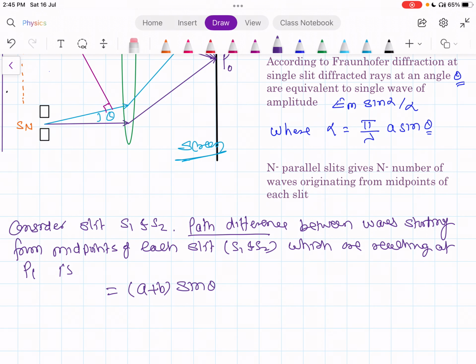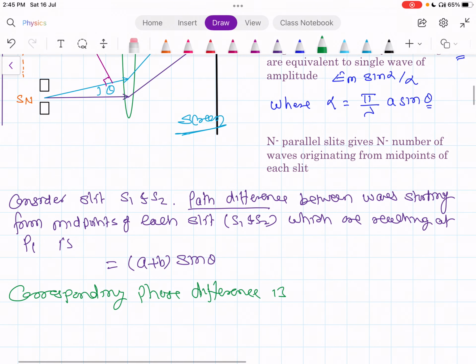If this is the path difference, then we know the relation between the path difference and the phase difference. So we can say that the corresponding phase difference is 2 pi by lambda times A plus B sine theta.